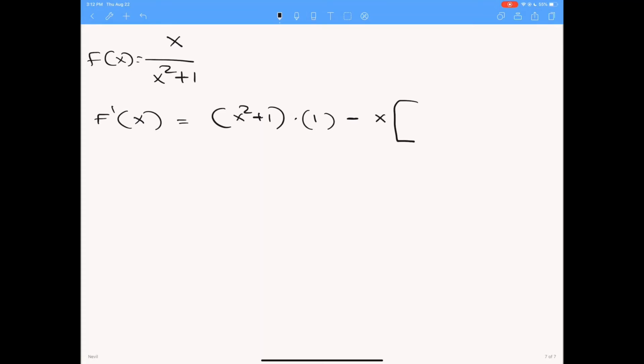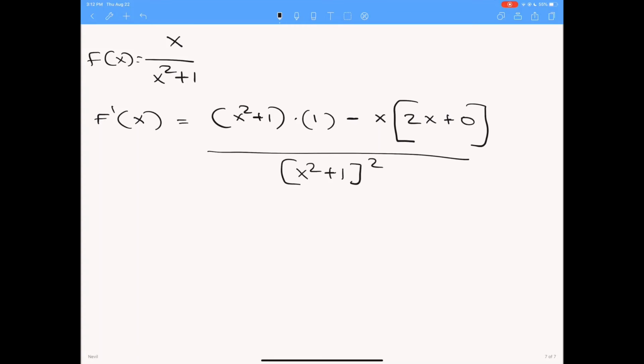So the derivative of x squared plus 1: the derivative of x squared is 2x, and the derivative of 1 is 0, so you can just leave that as 0, whole divided by x squared plus 1, the whole square. All right, so now taking that forward, you're going to multiply each term.